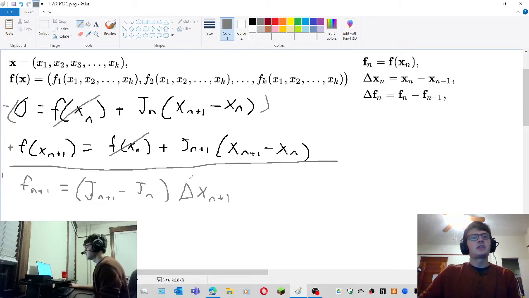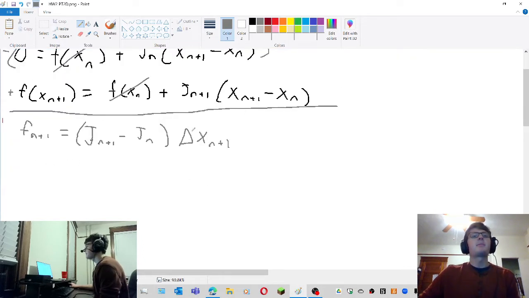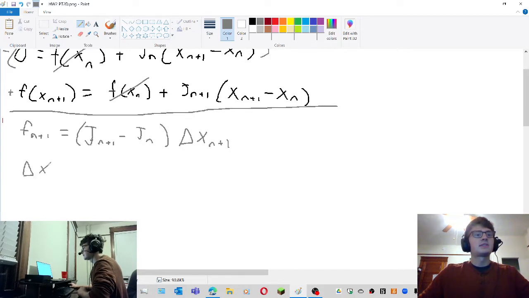So if I were to say that maybe I multiplied these Jacobians by a u that was parallel to delta x_{n+1}, what would that look like? Well, I could say that the dot product of delta x and u is just my vector, well, that's going to equal 0 for this case.